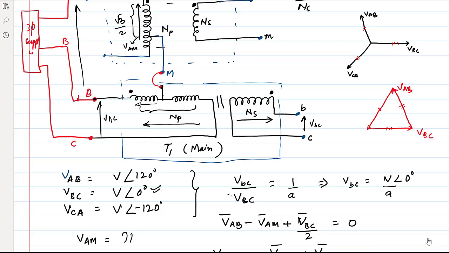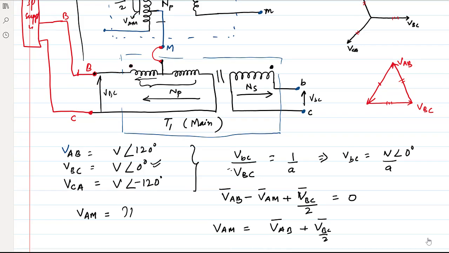So you see here VAM is actually VAB plus VBC by 2, which would be somewhere at the middle.